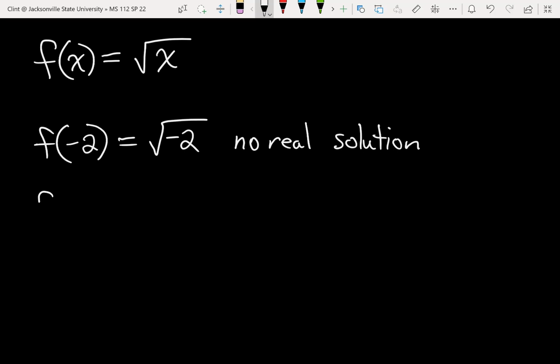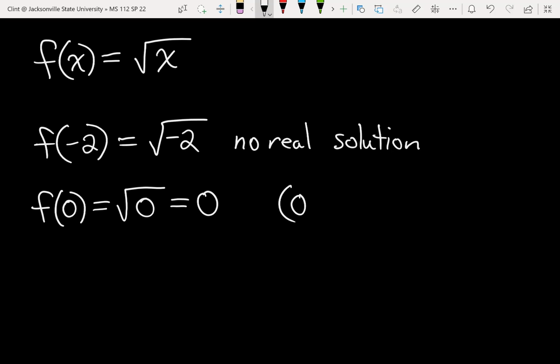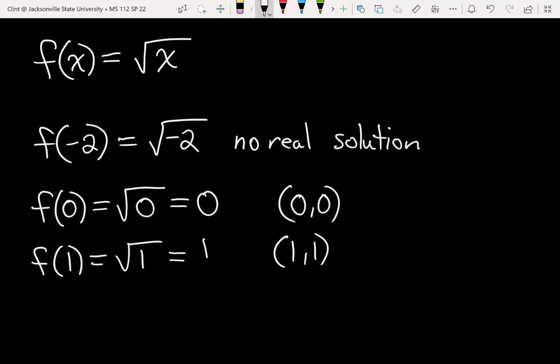So the first place, if we're going from the left, the first place we could actually get a point out of this thing would be at 0. The square root of 0 is 0. 0, 0 is on our graph. We try 1. Square root of 1 is just 1. 1, 1 is on there.